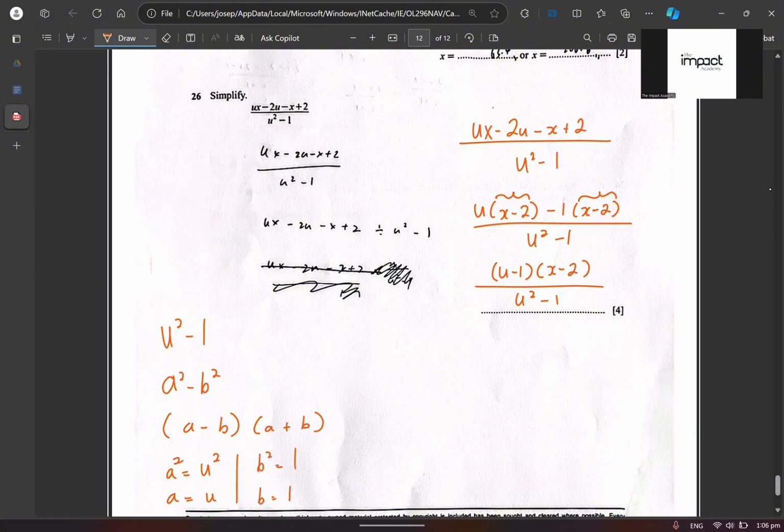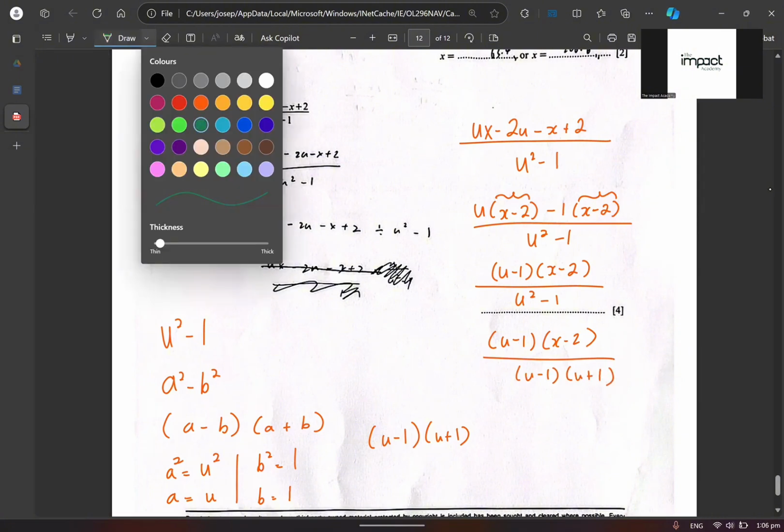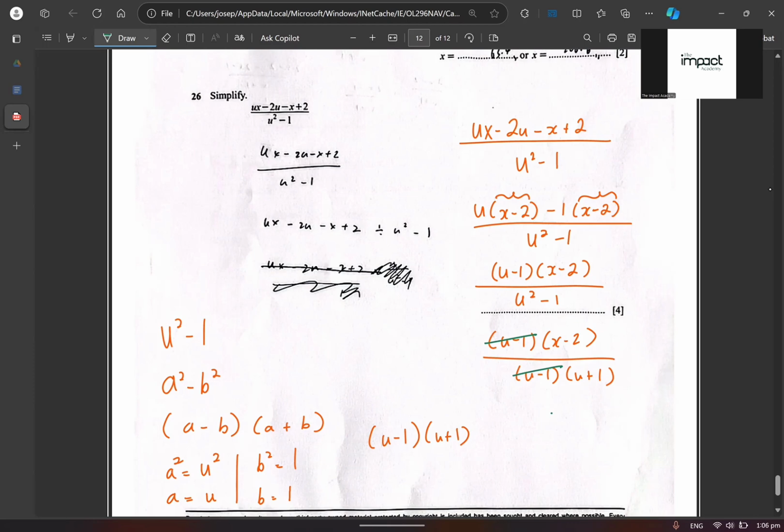Still 1, right? Okay, so u minus 1, u plus 1 is absolutely correct. So this becomes u minus 1 bracket x minus 2 over u minus 1, u plus 1, correct or not? Can you see something is the same over here? u minus 1, u minus 1 must cancel, right? So you're left with x minus 2 over u plus 1, and this is your final answer. Okay? All right, so that's all I have for you for this paper.